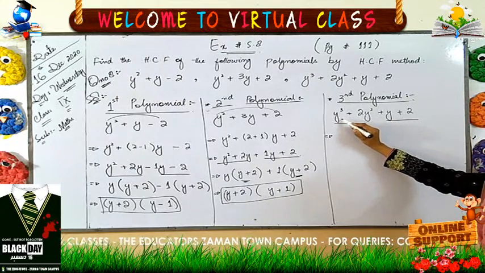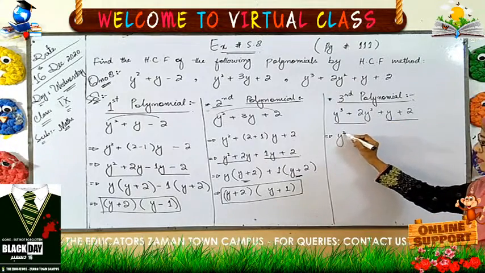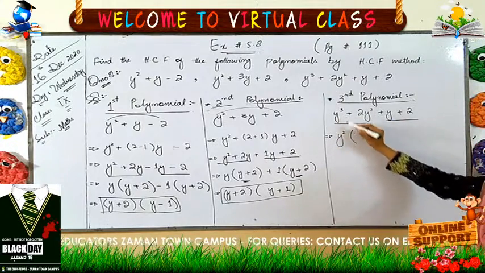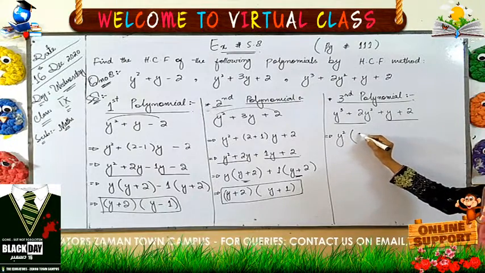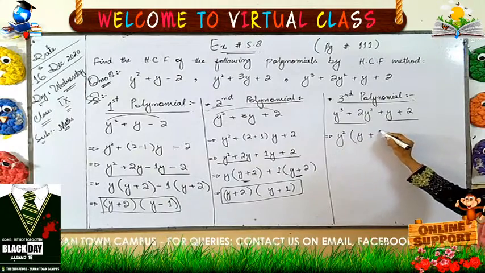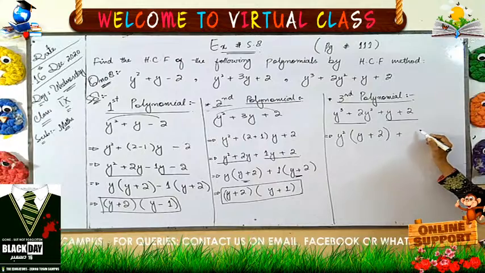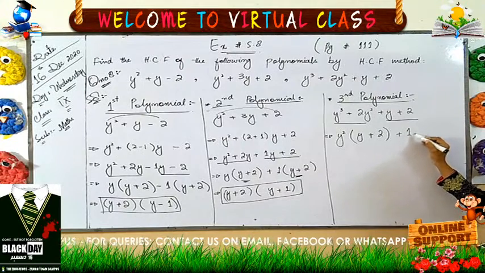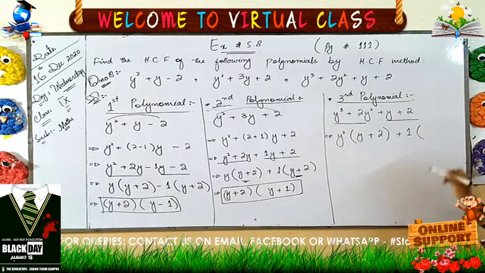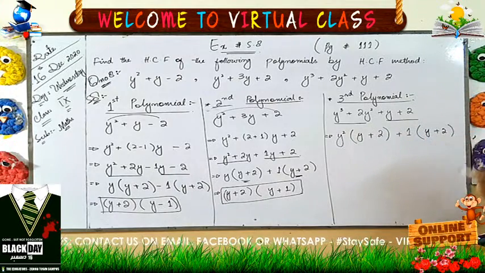You can see y cube plus 2y square. We can take y square as a common value. From y cube we have taken y square, so what is left? Y. Then 2y square, we have taken y square, so what is left? 2. Here we take 1 as common because nothing is common. So 1 times y plus 2 will be left.